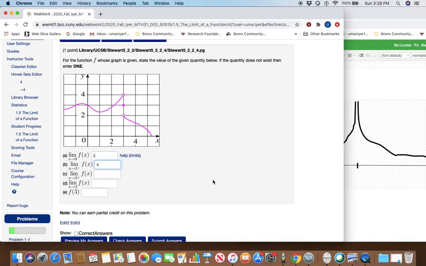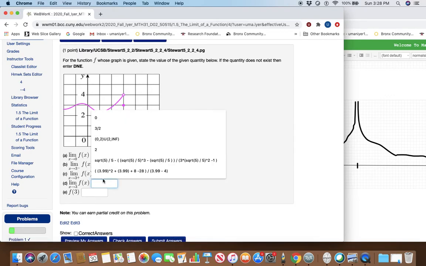The limit from the left is 4. The limit as x approaches 3 from the right: the right-hand branch approaches height 2. So for the limit as x approaches 3, the two branches do not agree. So the limit does not exist.